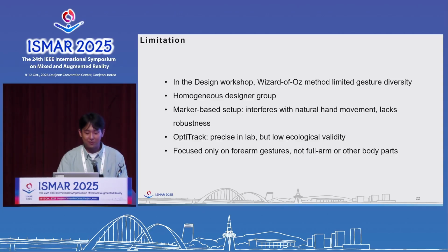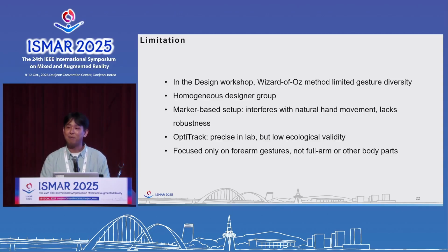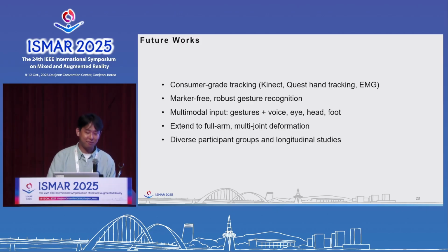Finally, our study focused only on forearm gestures. We have to investigate other body parts. In the future, we will explore consumer-grade solutions such as Kinect, Quest hand tracking, and so on. We also will consider multiple forearm and multiple joint deformation.